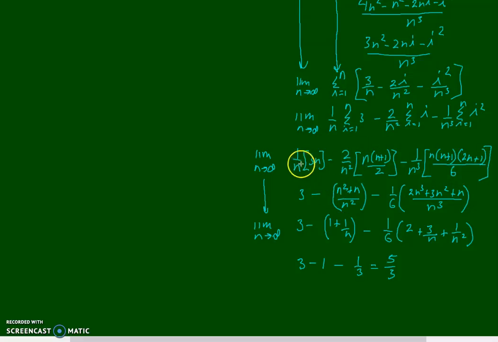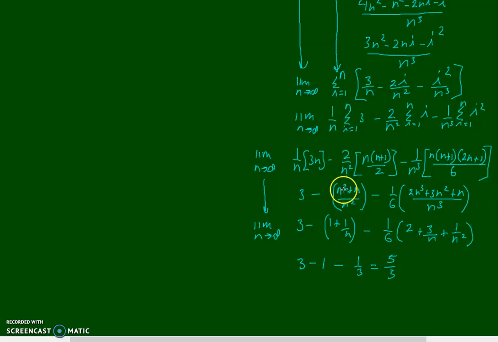Now we simplify this: n over n is 3, minus this simplifies to this, (n squared plus n) divided by n squared, and the 2's cancel out here, minus 1/6, we pull that out, and this top term becomes 2n cubed minus 3n squared plus n. If you multiply this out, you get that, divided by n cubed.